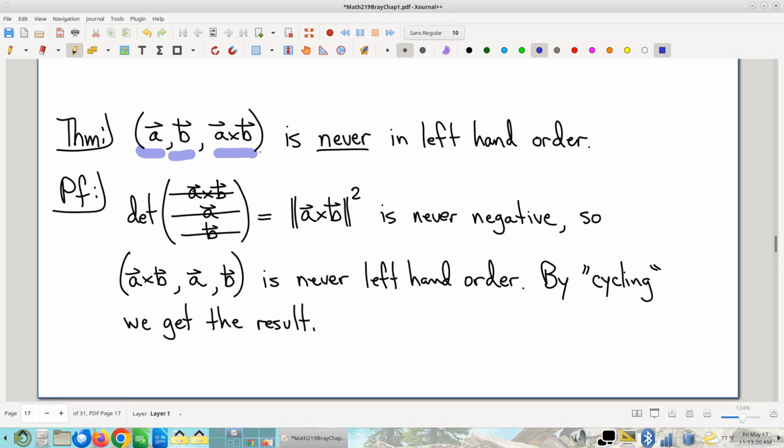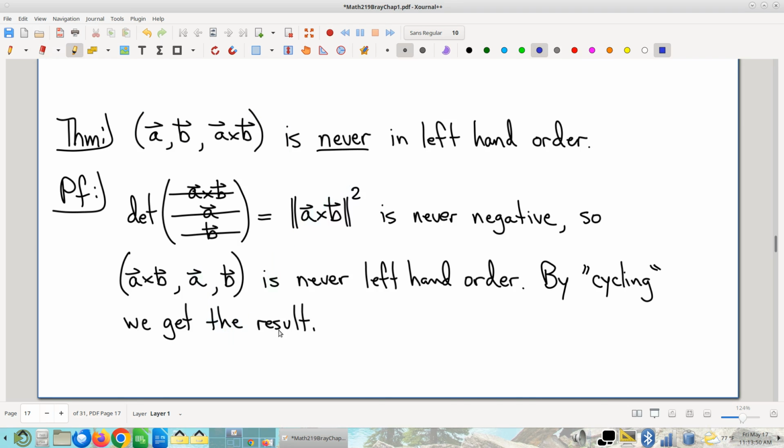What I can say on this, though, is that it's never in left-hand order. It's either right-hand order or nothing. Right? Again, casually speaking, most of the time we think of this as being right-handed. The little annoying exceptional cases, understood. Okay, again, cool proof. I hope you'll give it a look. Valuable, interesting idea.